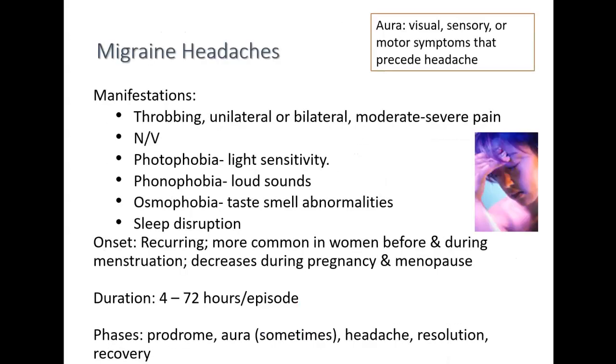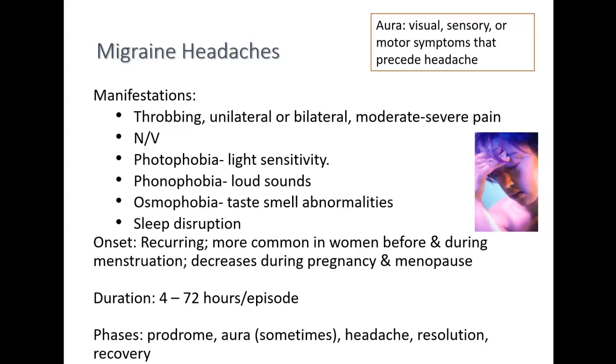Okay, migraines. So now we've moved from tension and cluster to migraine headaches. There's a wide range of migraines, but they do fall into a clump of symptoms. An aura is usually a visual, sensory, or motor symptom that precedes a headache.